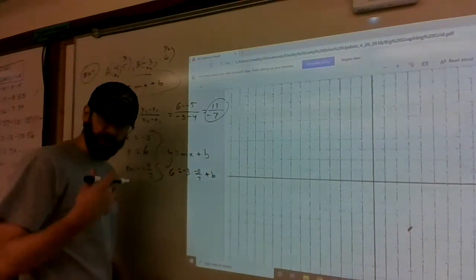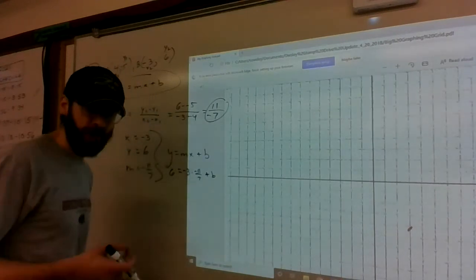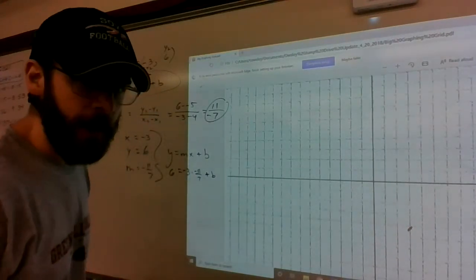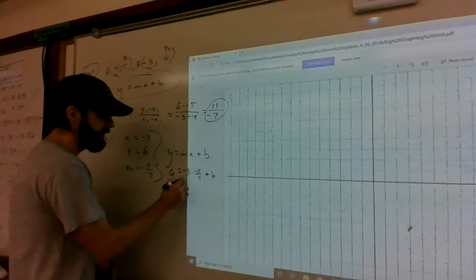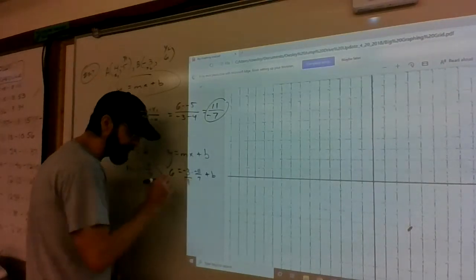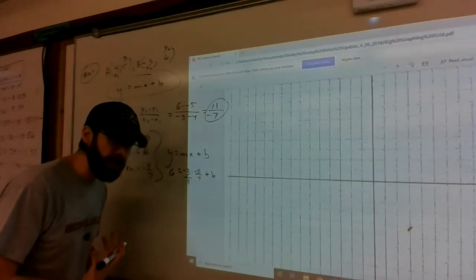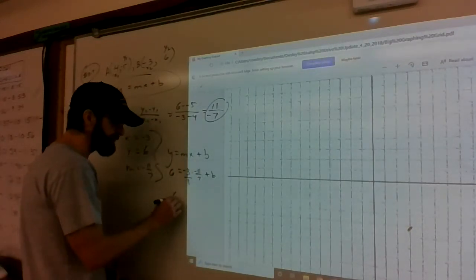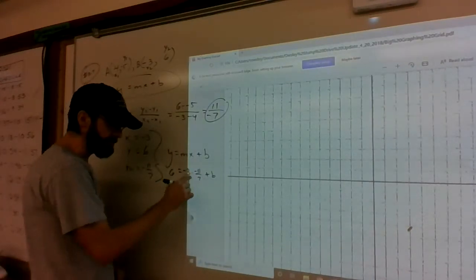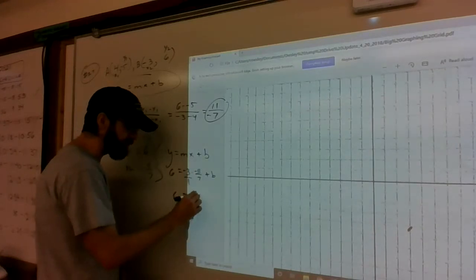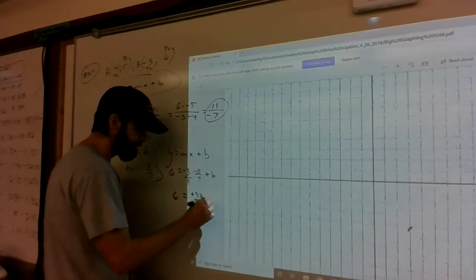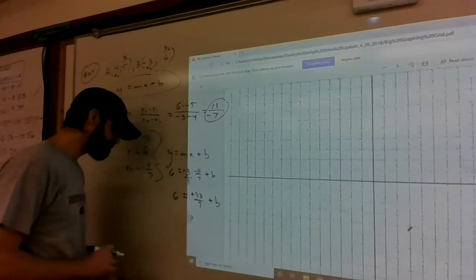So just make sure you know your basic algebra rules. It's great to have the calculator for convenience, but please be aware that to multiply a whole number times a fraction, you put it over 1, top times top, bottom times bottom, if you can't cross cancel. So 6 is equal to a negative times a negative, positive 33 over 7 plus b.